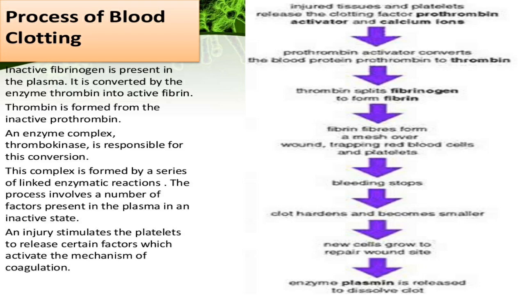This complex is formed by a series of linked enzymatic reactions. The process involves a number of factors present in the plasma in an inactive state. An injury stimulates the platelets to release certain factors which activate the mechanism of coagulation.